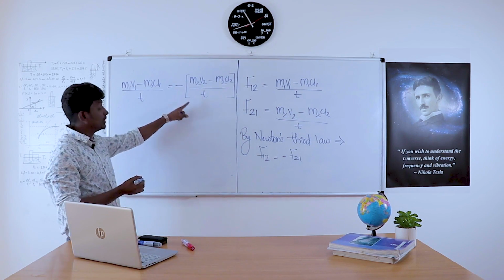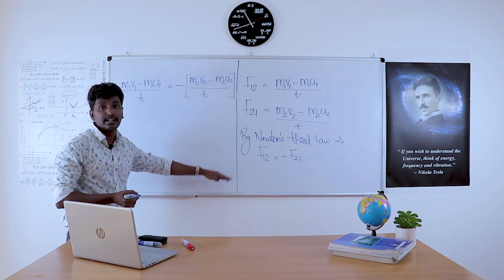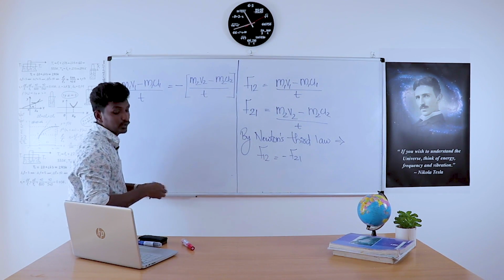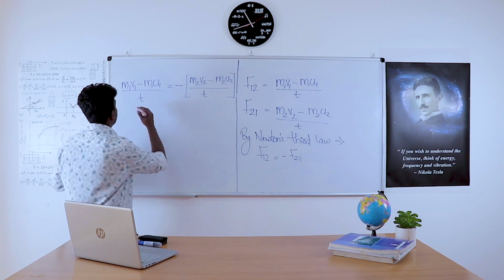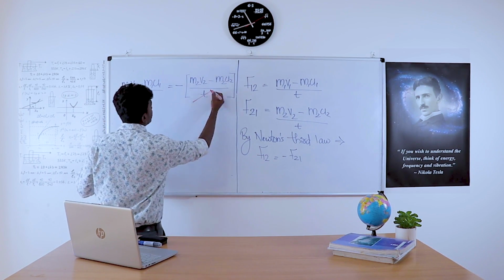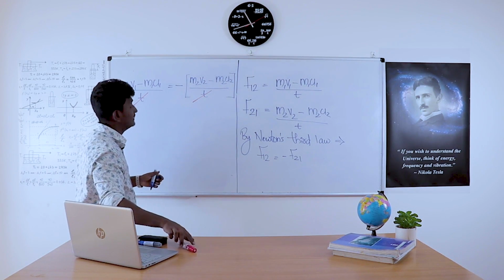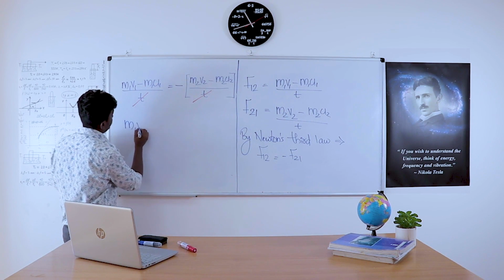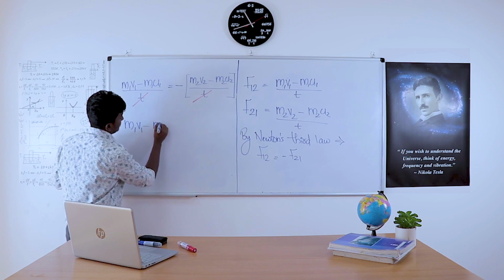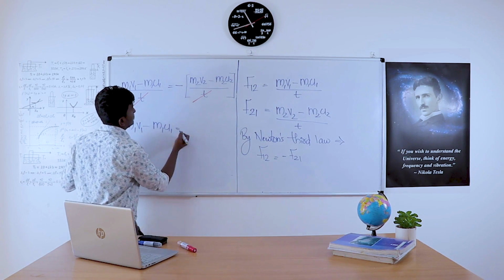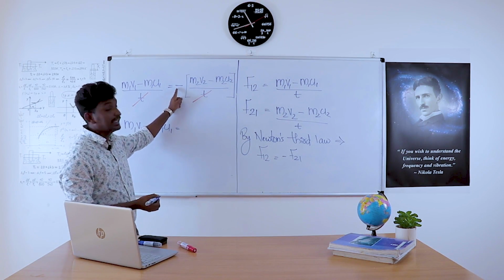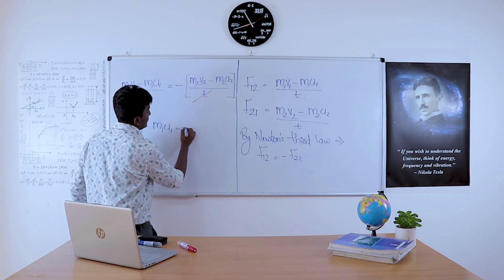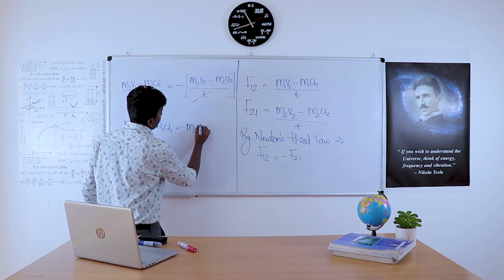Okay. In both the equations, LHS and RHS both have the same term, divided by t. Therefore, we can cancel the denominator t on both sides. Then we can write m1 v1 minus m1 u1 is equal to, here we are having a negative sign as common, and just opening the bracket we get minus m2 v2.